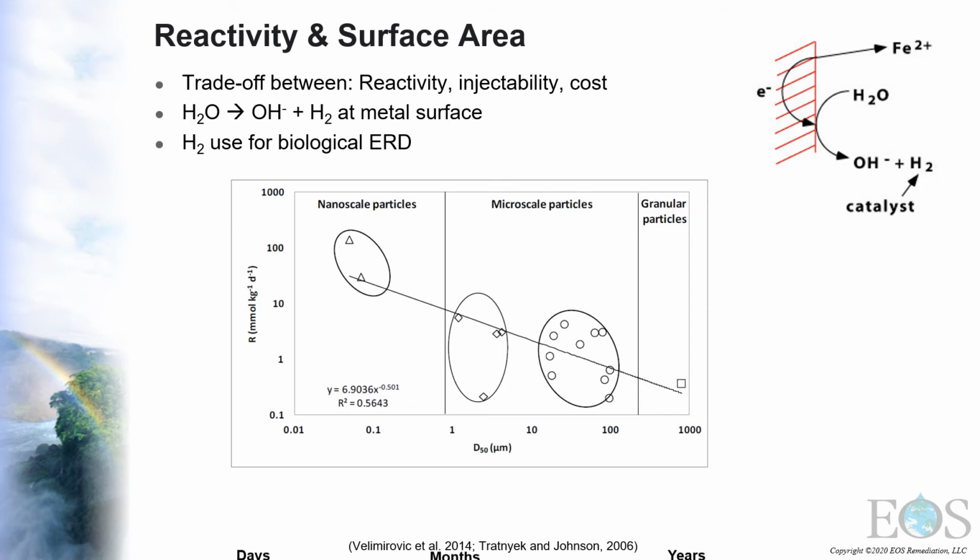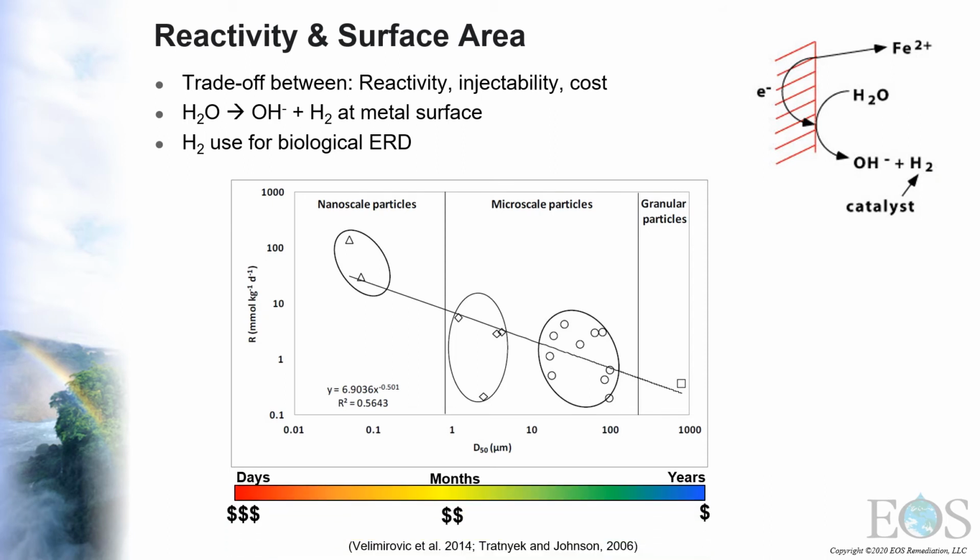Now there's a trade-off. The larger the ZVI particle, the longer it's going to last in the aquifer. Large scale ZVI, something on the order of, say, millimeters in diameter, that can last for years in the subsurface. And it comes at a much more reasonable cost because larger scale ZVI is easier to produce, so it is cheaper.